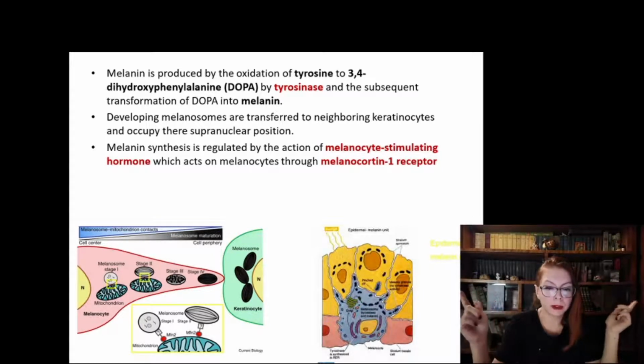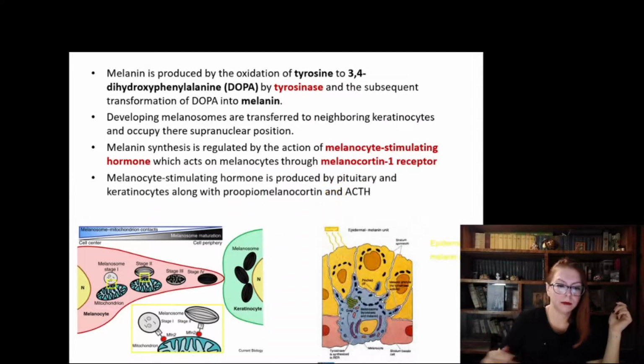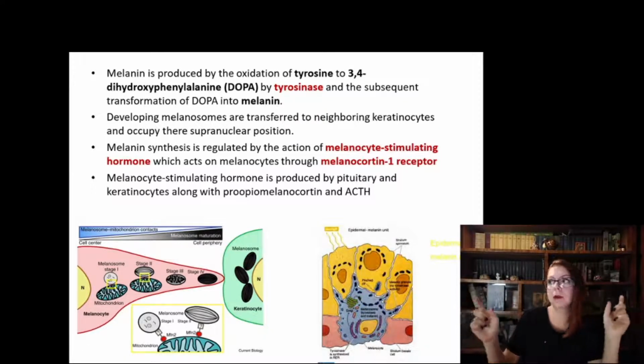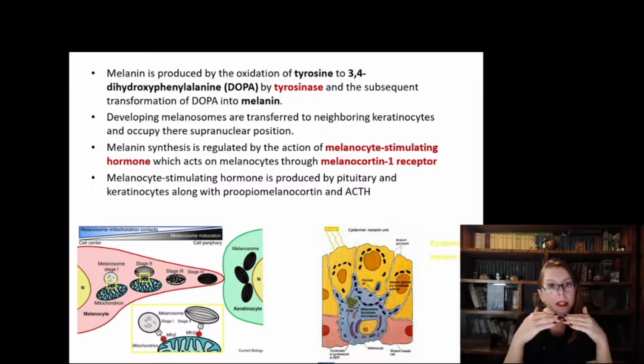And this pro-melanocortin, as is written here, melanocyte stimulating hormone is produced by the pituitary and keratinocytes along with pro-melanocortin and adrenocorticotropic hormone. Remember that this pro-melanocortin is the large precursor for both corticotropic hormone and melanocyte stimulating hormone. So when it is cut into pieces, it gives rise to corticotropic and melanocyte stimulating hormones. So they are connected one with another.